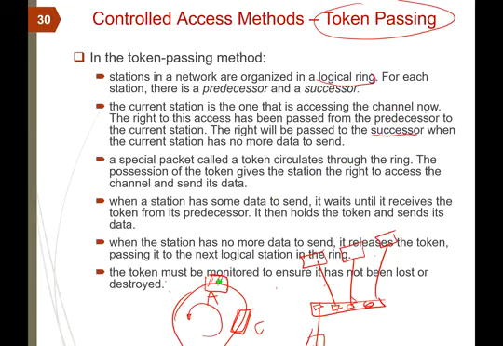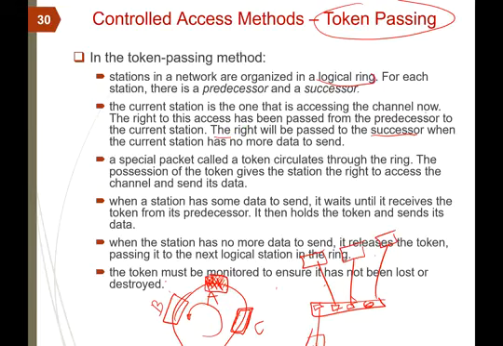It will keep hold of the channel until it finishes its transmission. Then there is a control frame called the token. It will pass the token to the next station, in this case station B. So the predecessor for A is C, the successor is B.